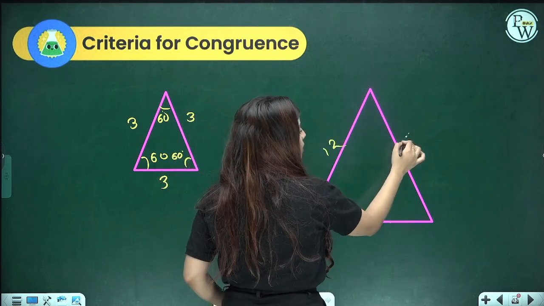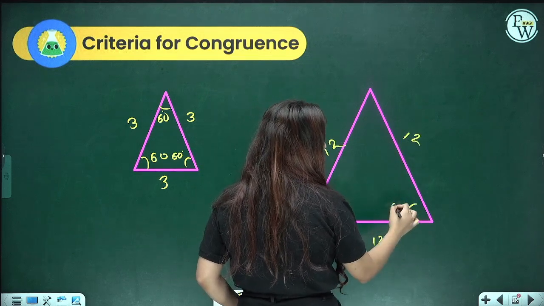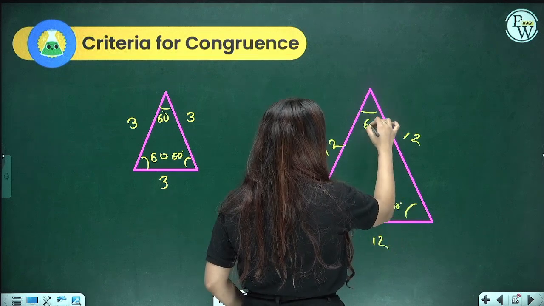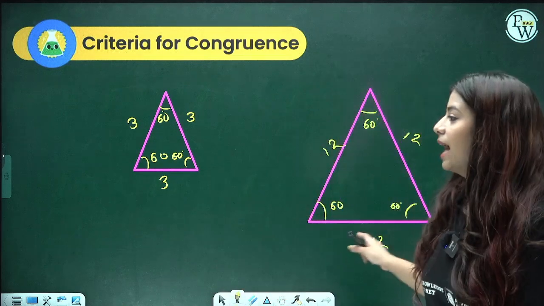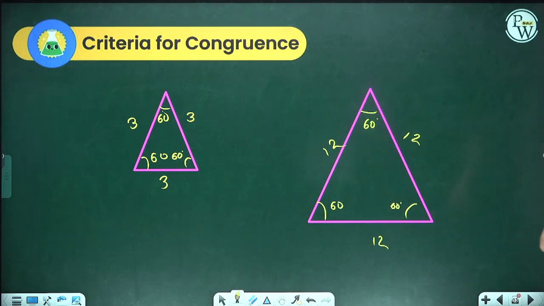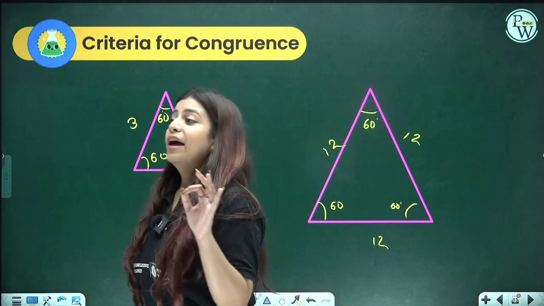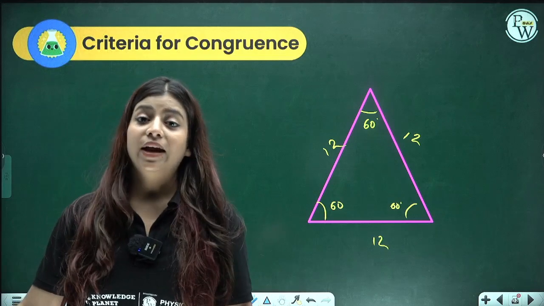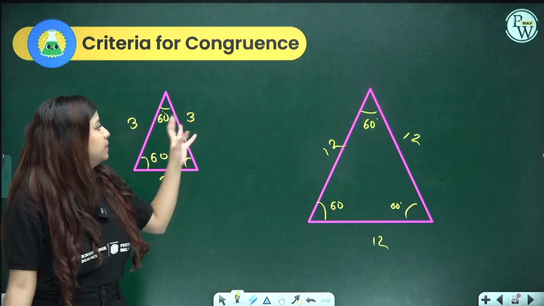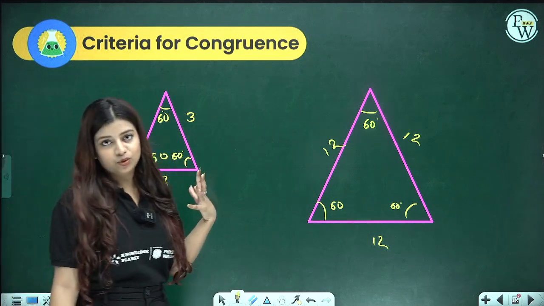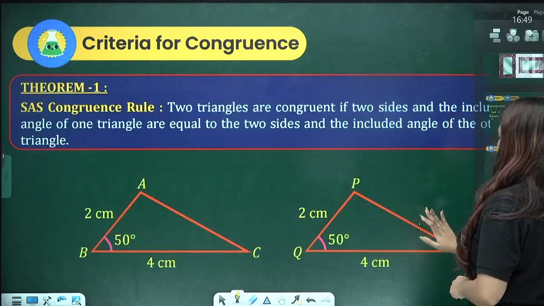Again, since it is equilateral, the angle will be 60 degrees. Now what can we see? This is the reason why AAA will not be a congruency criteria, students. Just because of the equilateral triangle, the angles can be the same and the sides can be of any dimension. So that's why. But let us move forward and look at what the congruency criteria are.